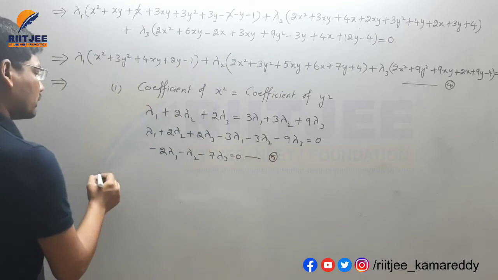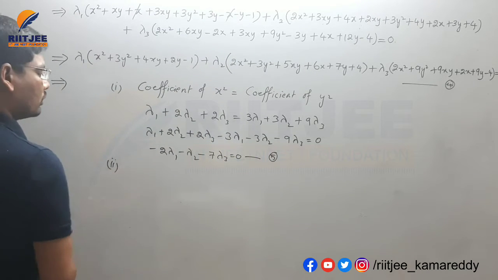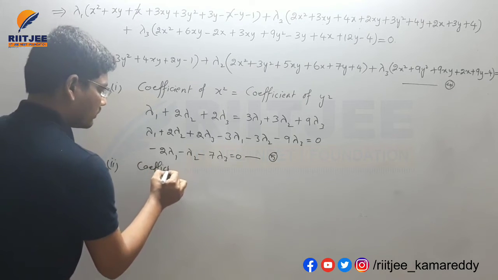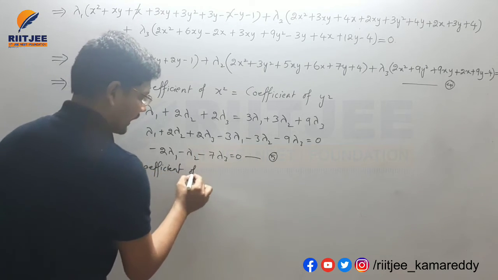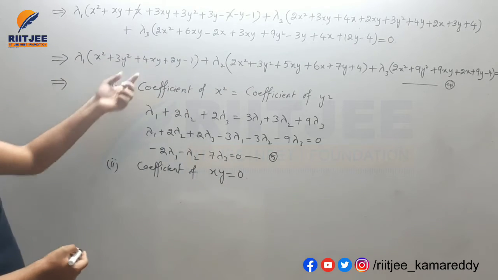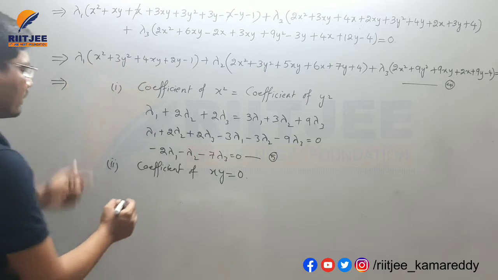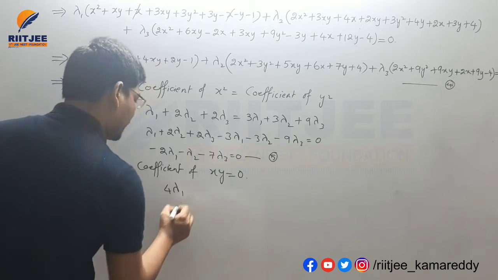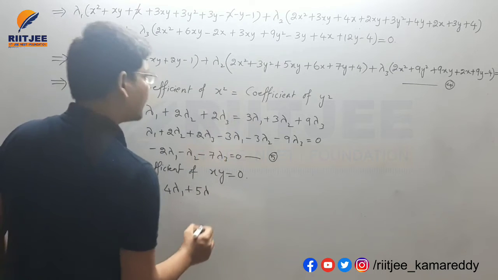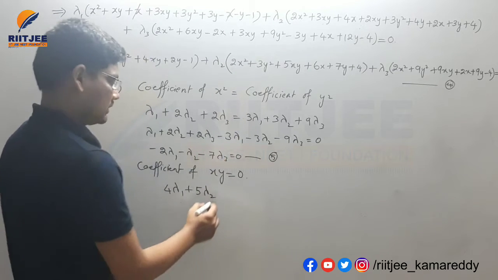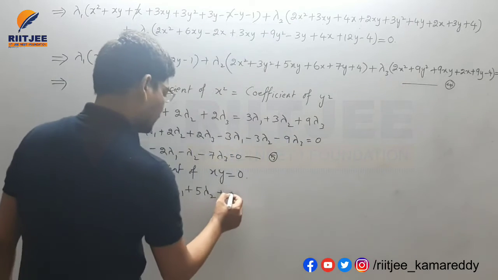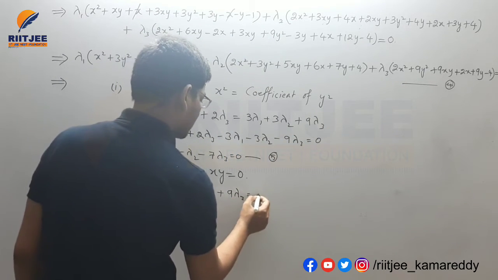And condition number 2 here, what is condition number 2? Coefficient of x into y is equal to 0. This is condition number 2. Here the coefficient of xy: 4 into lambda 1 plus 5 into lambda 2 plus 9 into lambda 3 is equal to 0.